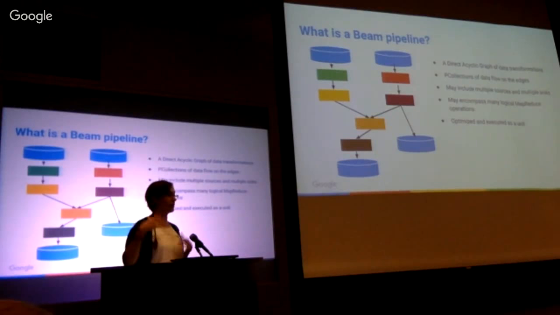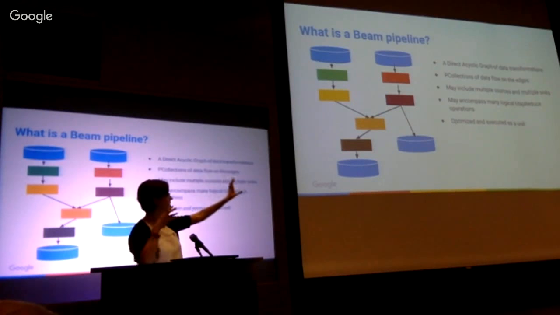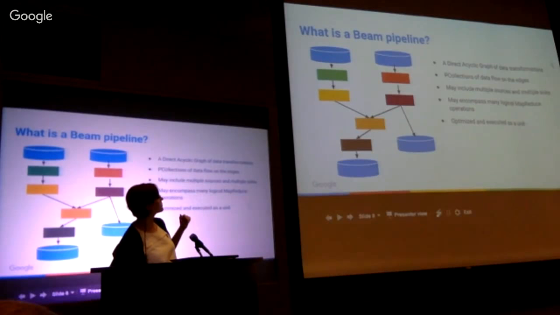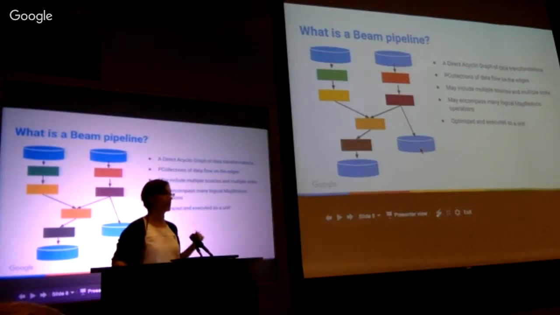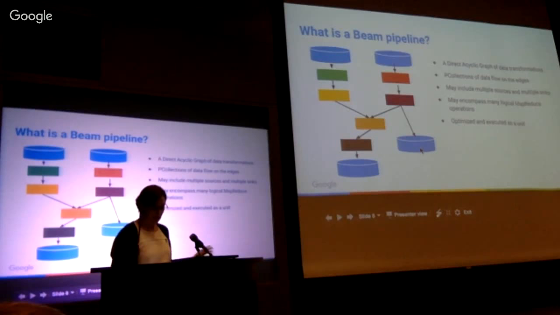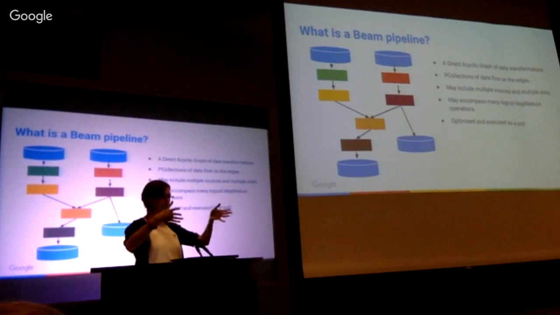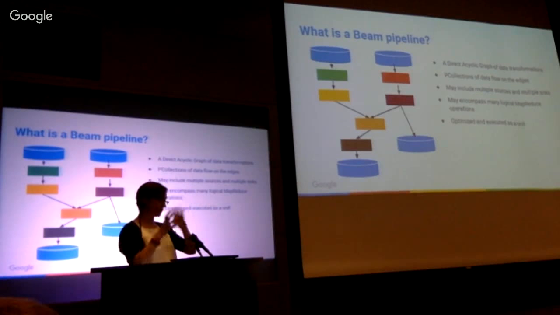And you write transformations on these data collections, and that comes out as a graph. You can have multiple inputs, like here, we have 2 inputs to the pipeline. And you can have multiple outputs. You don't have to produce a single output, right? When you write your pipeline, you submit it to the system to execute, and the system takes this pipeline, optimizes the execution graph, and then executes the optimized graph, not the original one.